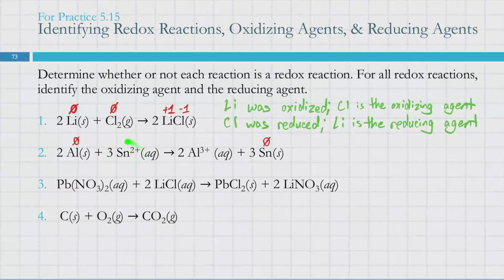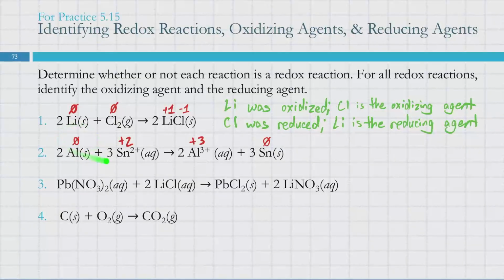And then for ions, like our tin 2+, our stannous ion, and our aluminum ion, the number of the charge is the same as the oxidation state number. So tin gets a +2, aluminum gets a +3.